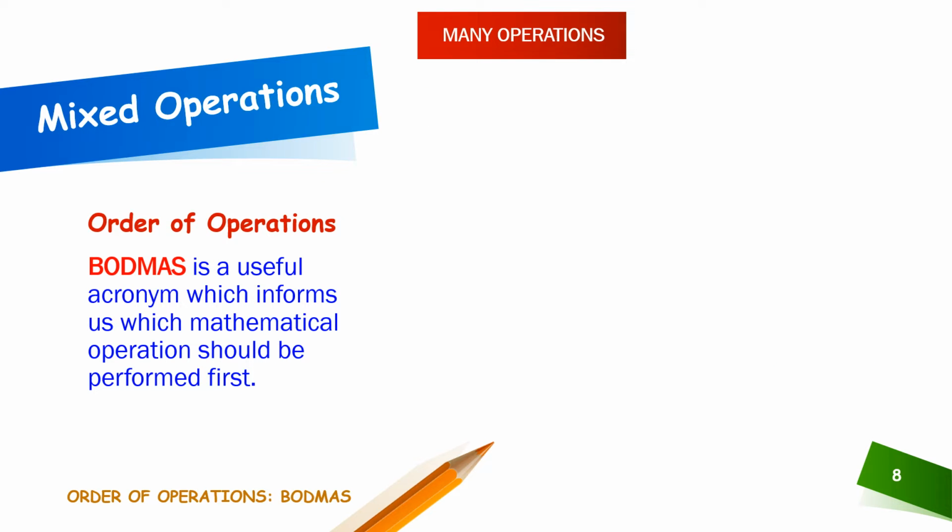BODMAS is a useful acronym which informs us which mathematical operation should be performed first. First, we carry out the operations inside the brackets. Then, we carry out the orders or powers.